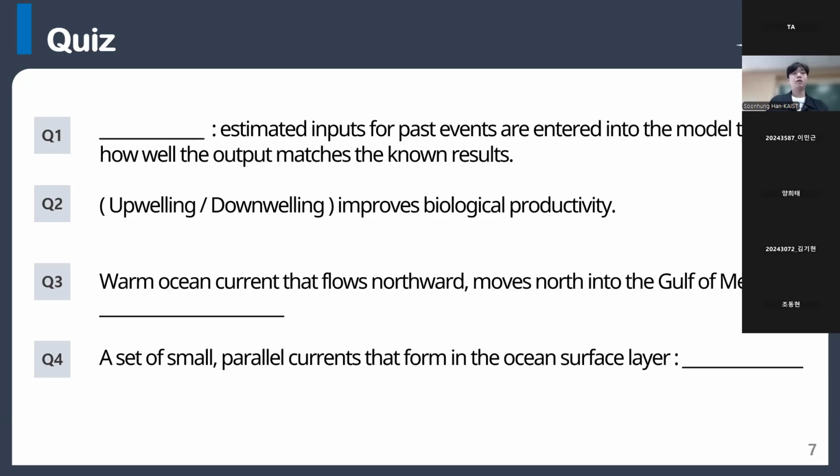And second, upwelling or downwelling improves biological productivity. Choose one. I think it is that one because you provide oxygen to the sea.